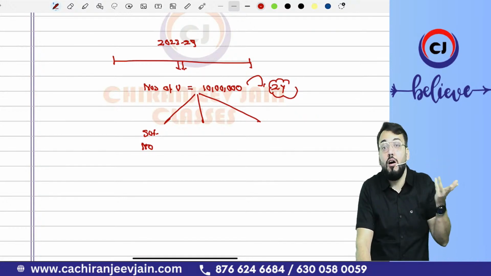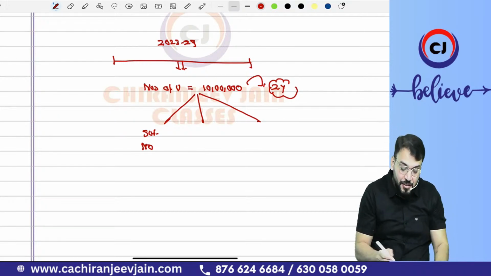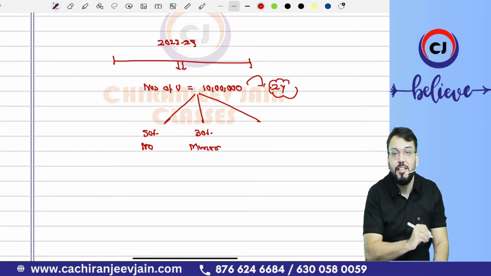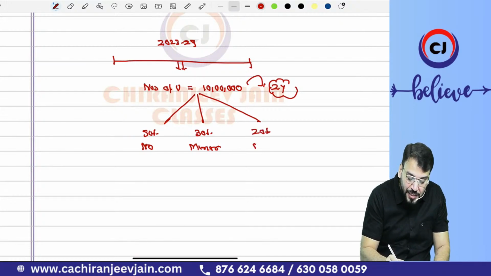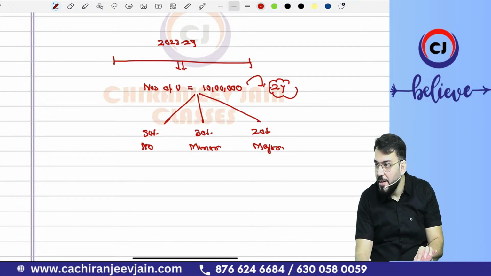So you don't ask, sir, how; we need to ask management. Suppose 30% will come with a minor defect, and 20% will come with a major defect. Understood this point?